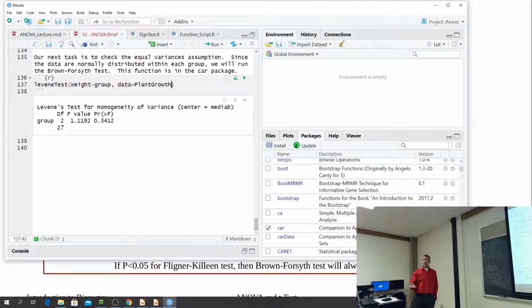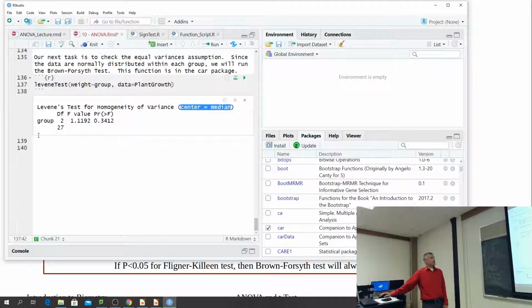I'd say if this is the default option in R, it's probably what's recommended, right? Safe to assume that. So this is Levene's test of homogeneity of variance. That's what it says. Center equals median tells us that we're running Brown-Forsythe. It isn't going to say Brown-Forsythe test, but the help file tells us that center equals median is running the Brown-Forsythe test.